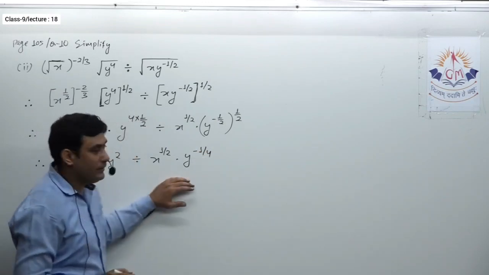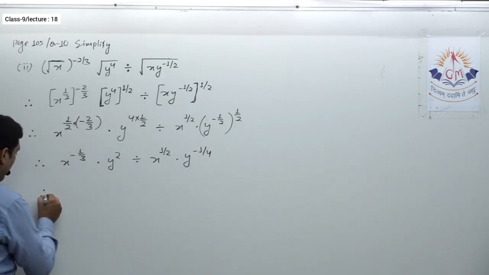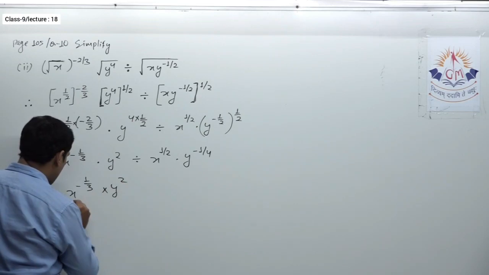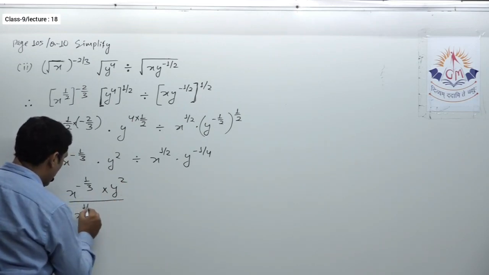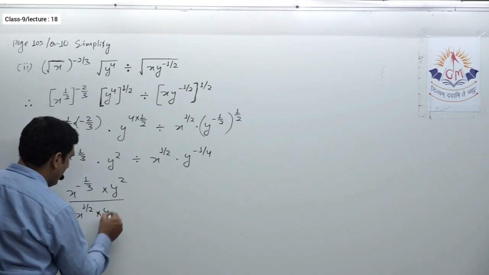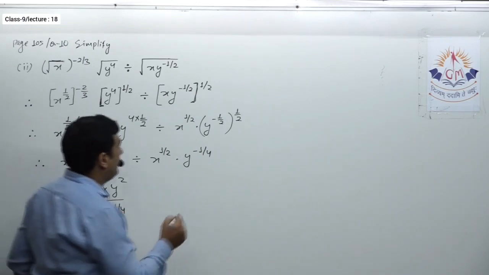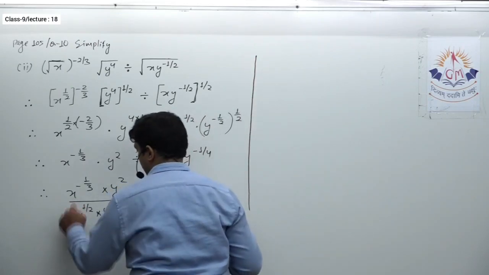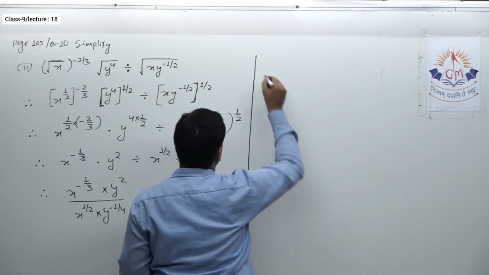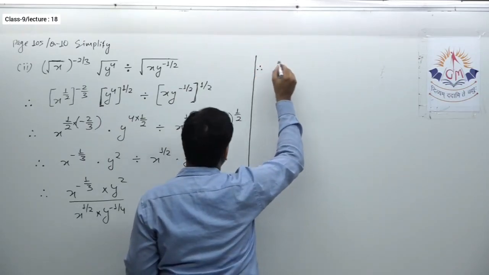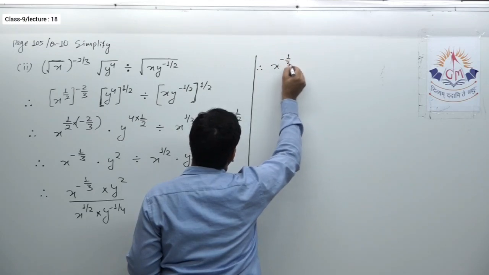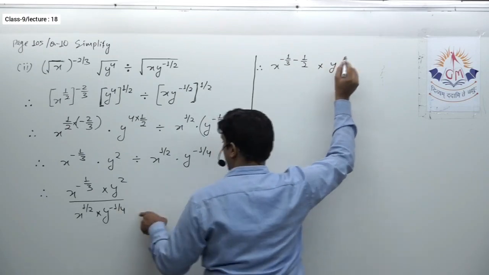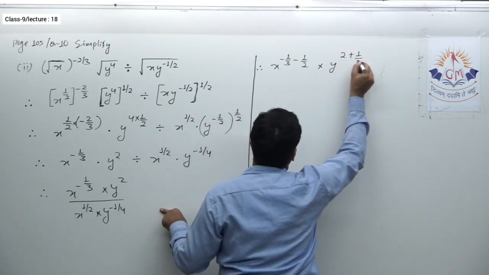So now this term divided by this term, or it's better if I write in this way: x raised to minus 1 by 3 into y square upon x raised to 1 by 2 into y raised to minus 1 by 4. Now I'll apply the quotient law, with x as well as with y. So here I do write x raised to minus 1 by 3 minus 1 by 2, multiplied by y raised to 2 plus 1 by 4.